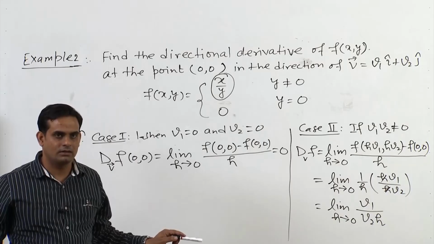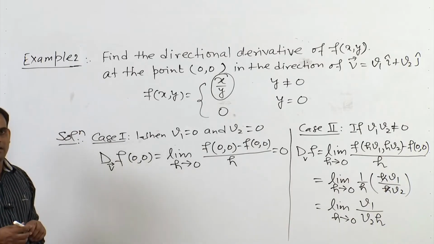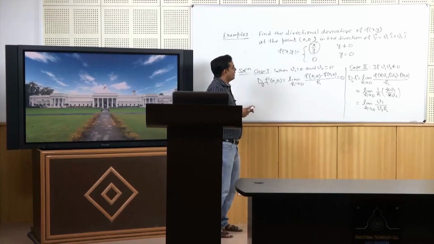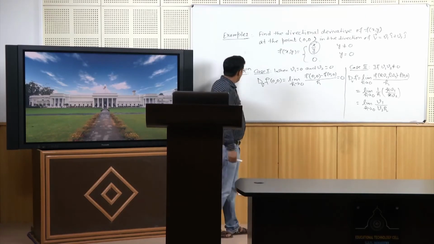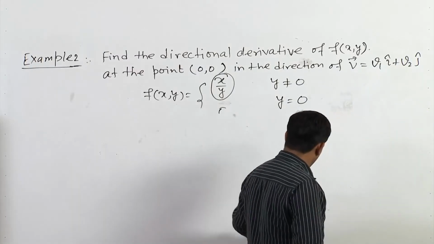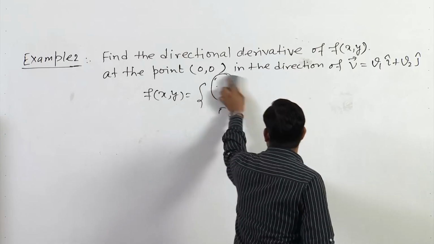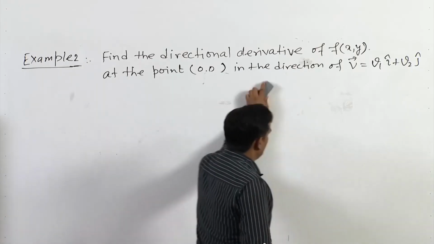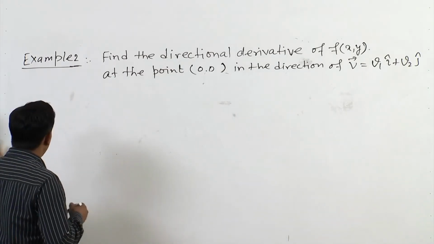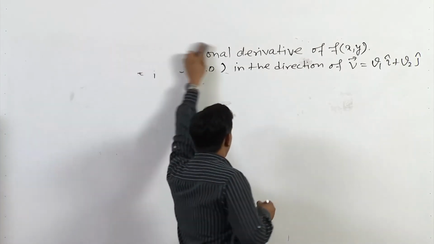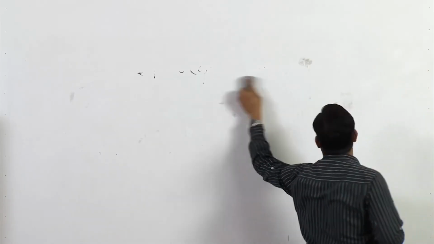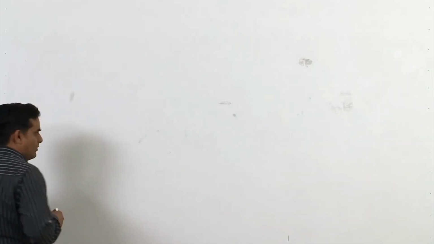Now, I want to generalize the concept of directional derivative and relate it with the gradient of a function. So, if the function f is differentiable, here differentiable means, because f is a function of several variables, that f has the total derivative, then we can write the directional derivative as the dot product of the gradient of f with the unit vector v, and that comes from the limiting definition only.